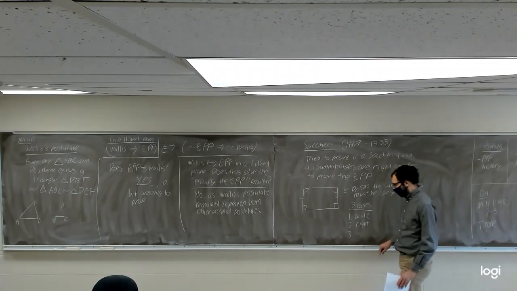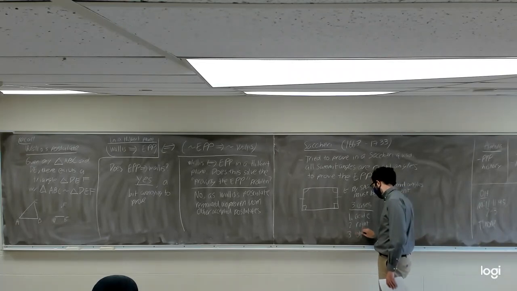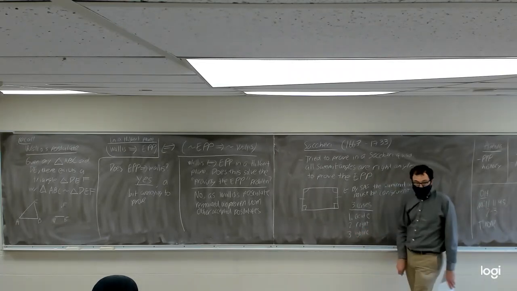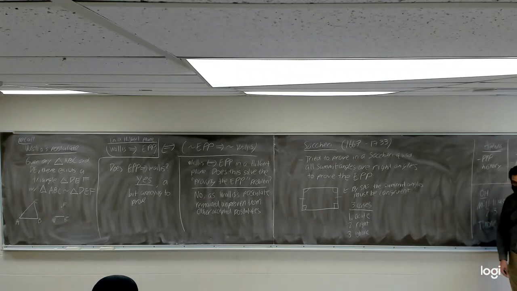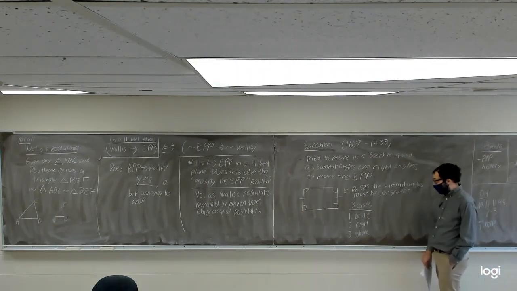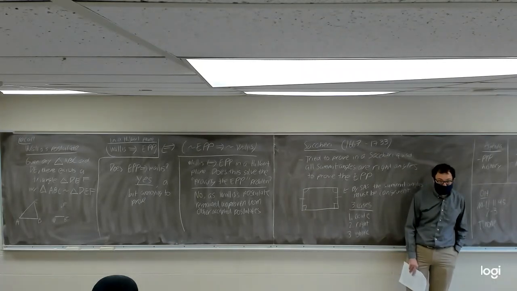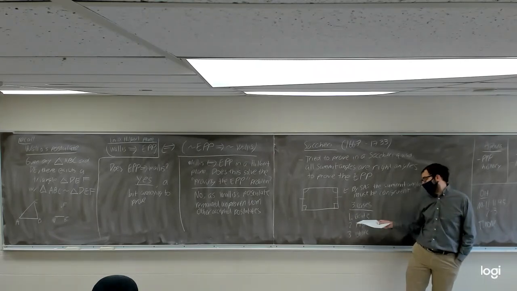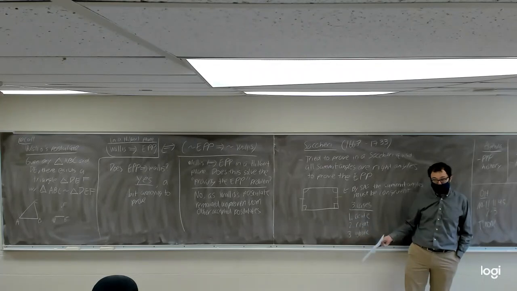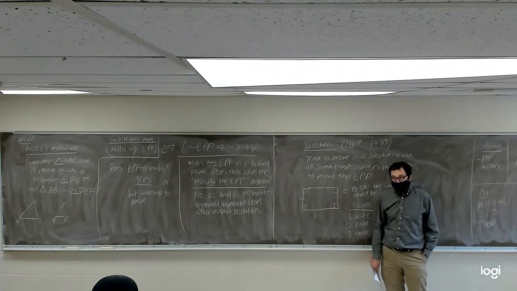Yeah, either acute, right, or obtuse. And so what Saccheri hoped to do is to eliminate the cases of acute summit angles as well as obtuse summit angles, because if you show that acute is impossible and obtuse is impossible, then by process of elimination they would have to be right angles.